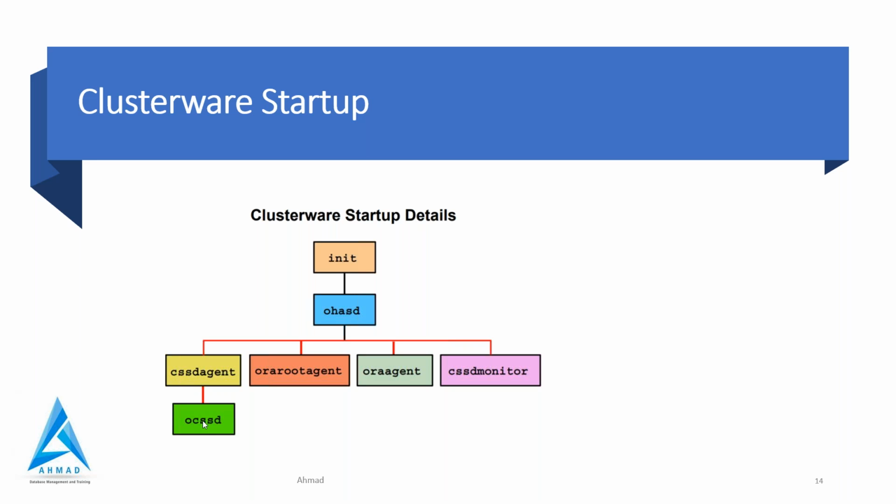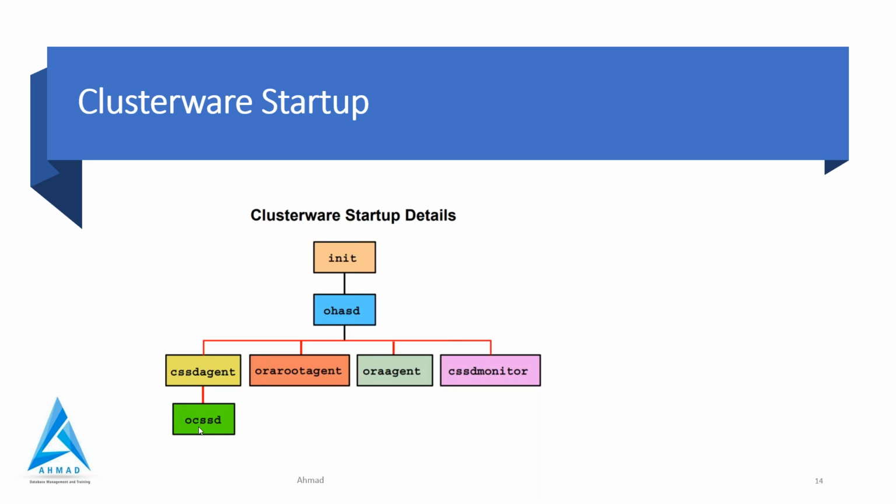And the fourth one, CSSD monitor, is started and it is responsible for monitoring the OCSSD daemon. So basically this monitor will monitor this process. So is this first slide clear or any doubt? So in level 1, you can say the init process will start OHASD.